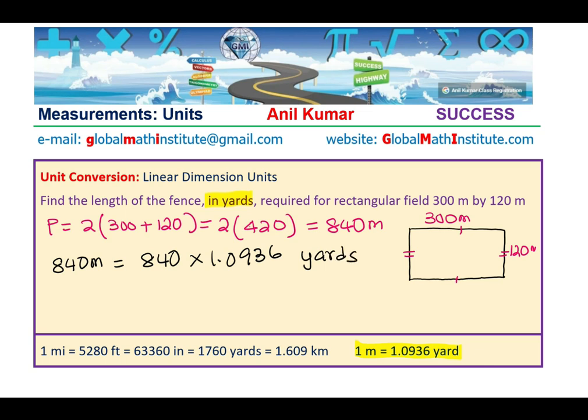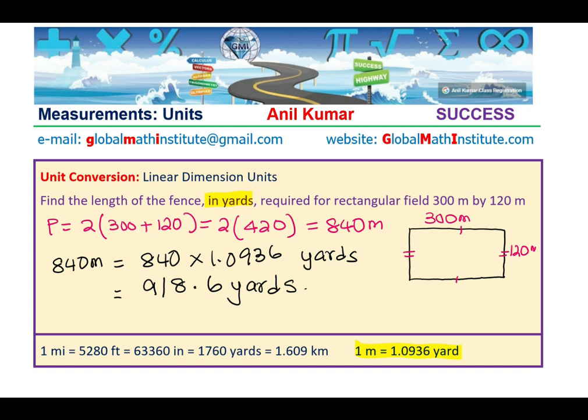Makes sense? Using a calculator, we can find this answer. So 840 into 1.0936 and that gives us 918.6 yards. So sometimes the fence is available in yards, so you have to do your calculations and get the right length. Okay, great. So I hope you have understood this.